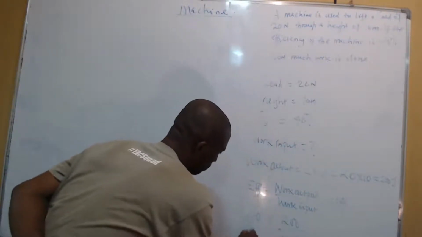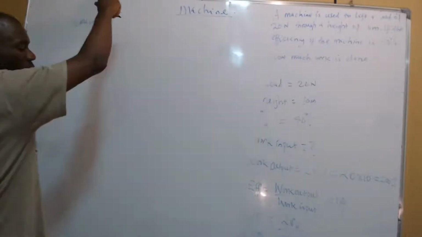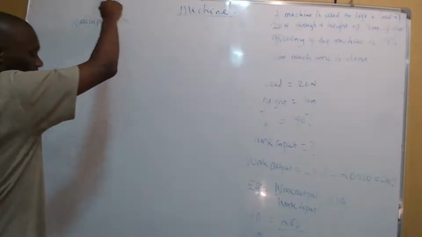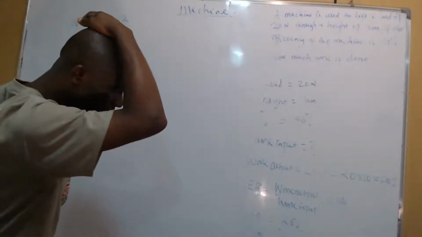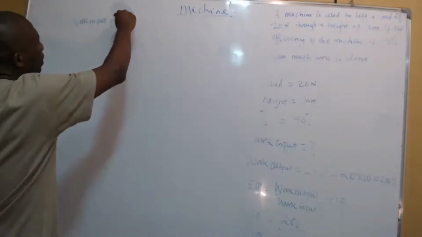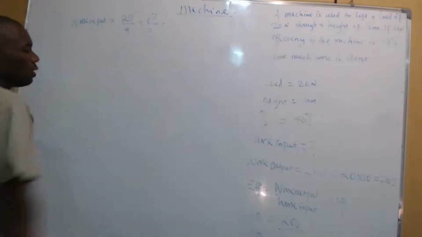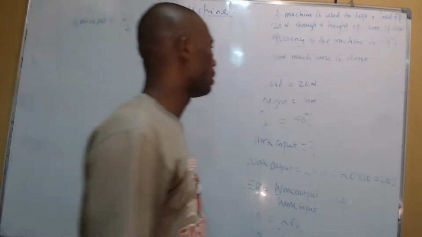Now we can say this is 100 over 100. This can cancel, this can cancel one of these. Equal to 20 over 4, which is equal to 5%. The efficiency of the machine is 5%.